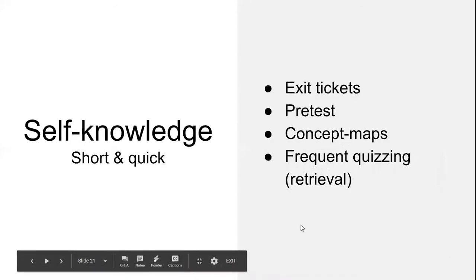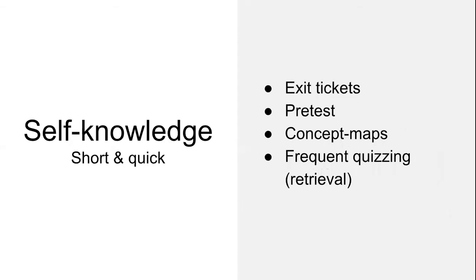So some things that you can do that are short and quick are things like exit tickets, pre-tests, so that students know what they know or don't know before they get into a topic. You could ask them to do concept maps. I've done that before in my web design class about typography.